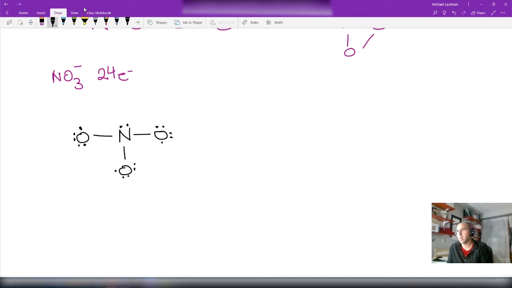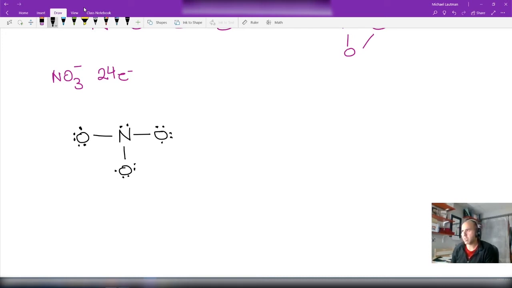It needs to go on an atom that has space for it. And the way we're going to evaluate that is by checking the octet rule of each atom. If we look at the nitrogen, when we're checking for the octet rule, it's 2 electrons from each bond and all the non-bonding: 1, 2, 3, 4, 5, 6, 7, 8. So nitrogen already has a complete octet. There's no room for another electron there.